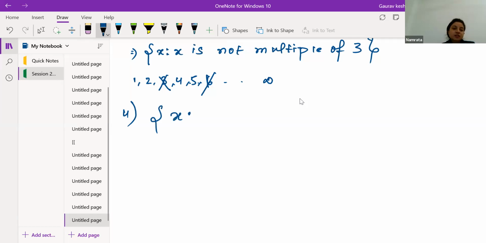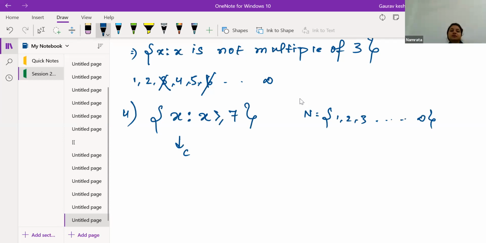If x is such that x is greater than or equal to 7, then what will be the complement of this set? Again, we have natural numbers as the universal set: 1, 2, 3, and so on till infinity. It will be smaller than 7. Exactly.